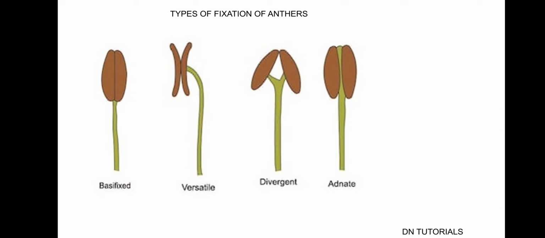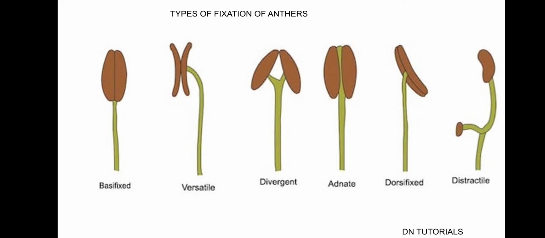Here, the connective is all round the length of the anther lobe. Next one is the dorsifixed. In dorsifixed anther, the anther is attached at the dorsal side to the filament. Right? The filament's attachment to the anther is on its dorsal side. The next one is the distractile anther. When two anther lobes are far apart, it is called the distractile anther.